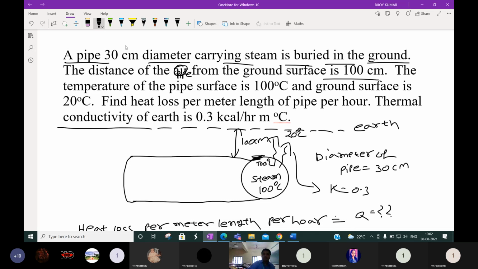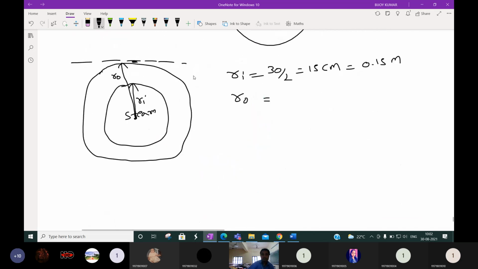Please read the question, second line. The distance of the pipe from the ground surface is 100 centimeter, or you can say this distance. Please listen once again.